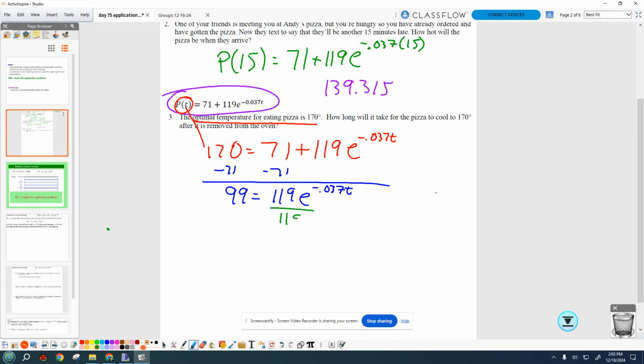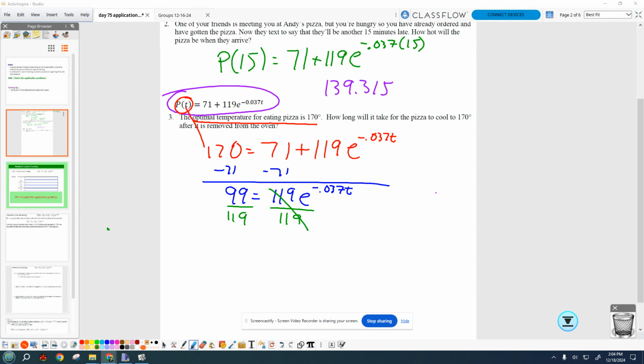Divide by 119. Dante, what's next? Treat it as exponentials.